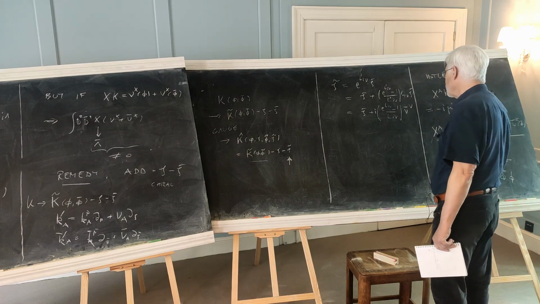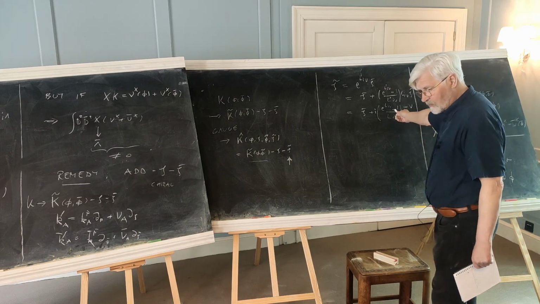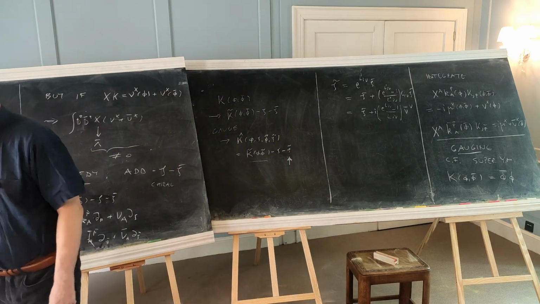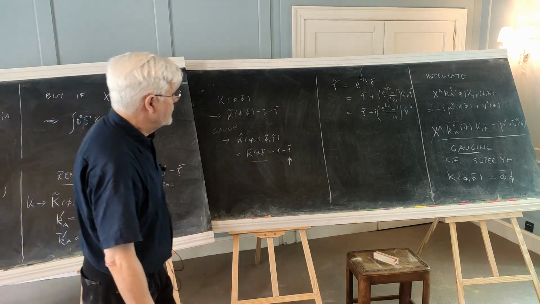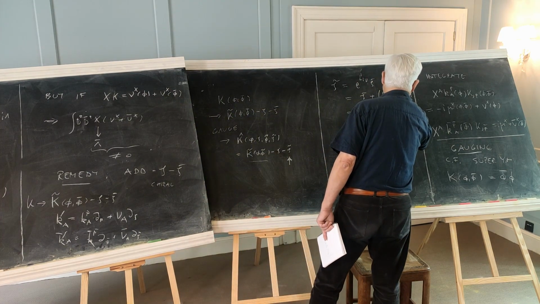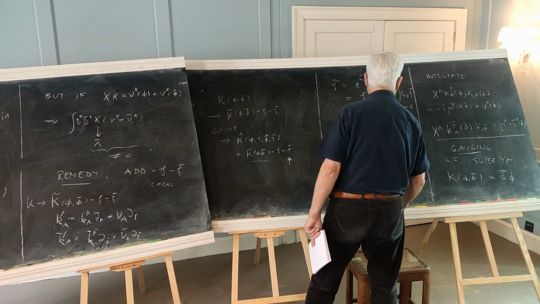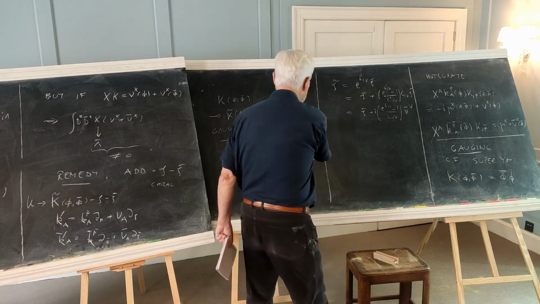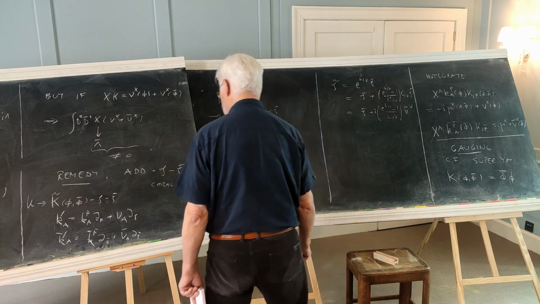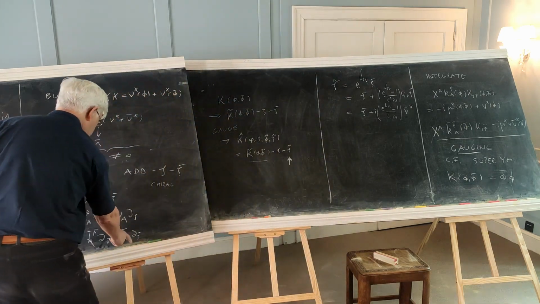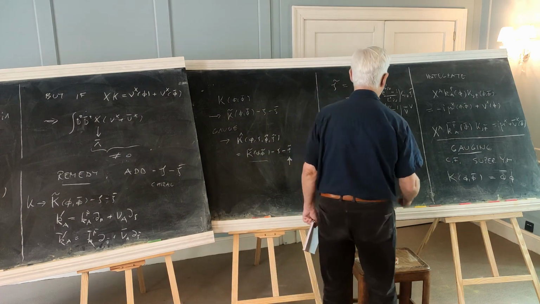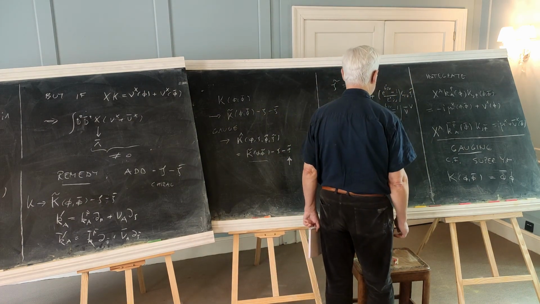Okay. And I took away the prime without mentioning it, because now, of course, this is only a function of phi bar. It's not a function of zeta anymore. And the primed guys, they have terms that deal with the zetas. So we can now replace L prime by L.